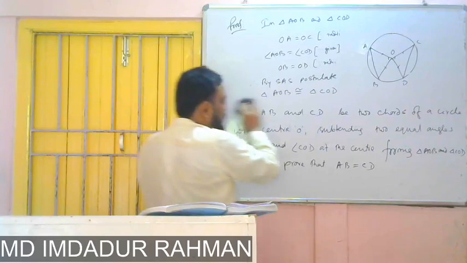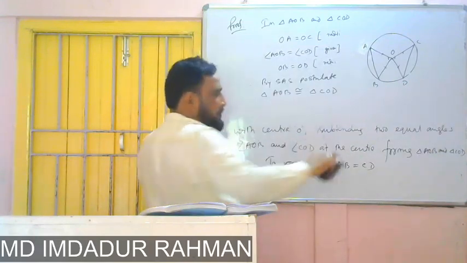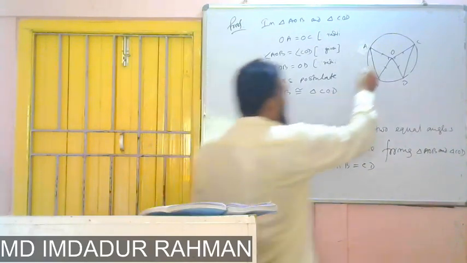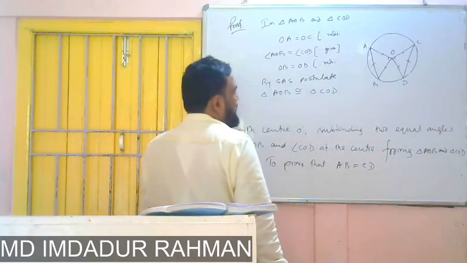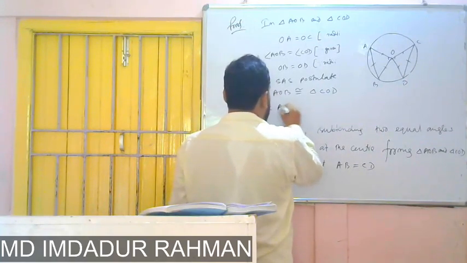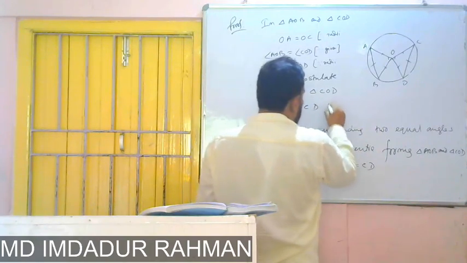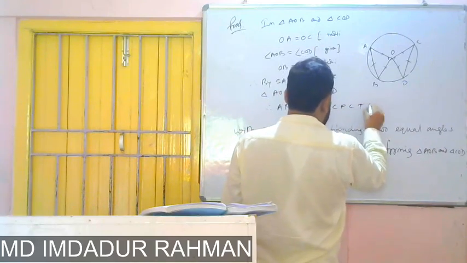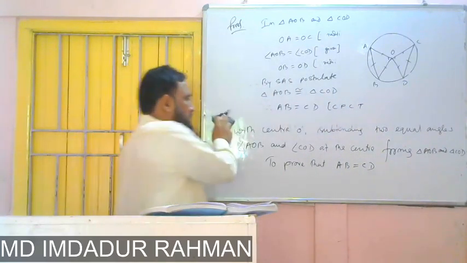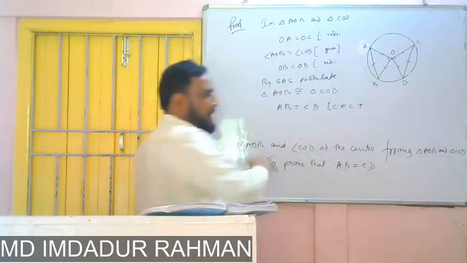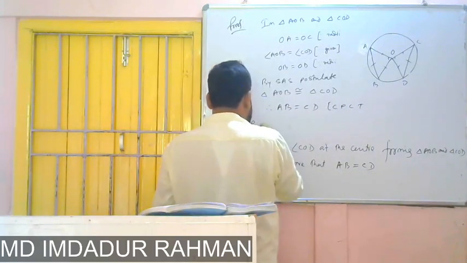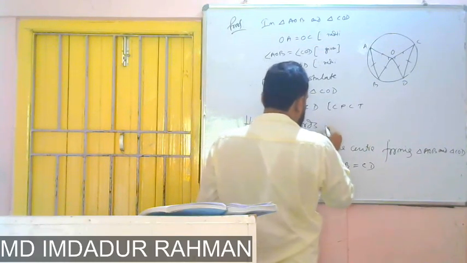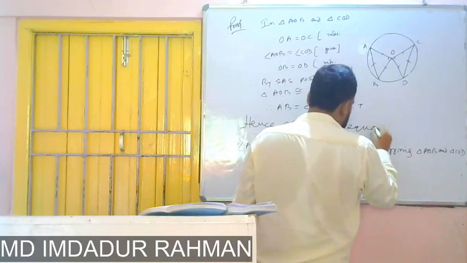As I said, after congruency, the remaining parts of the two triangles are equal. So here we will use the sides part. Therefore, we can say that AB is equal to CD by CPCT. Hence, this was to prove. Hence, the chords are equal. Proved.